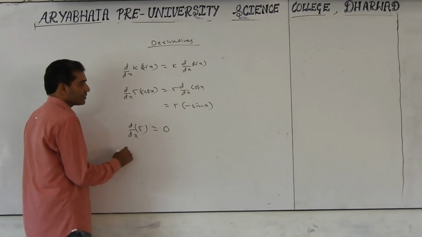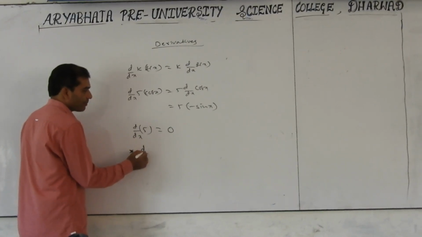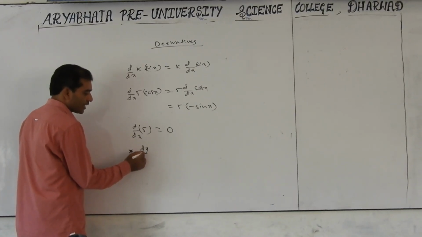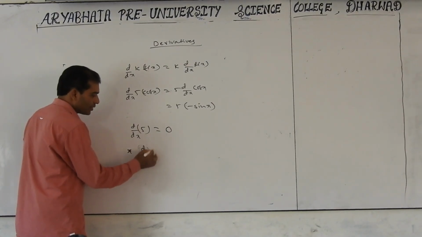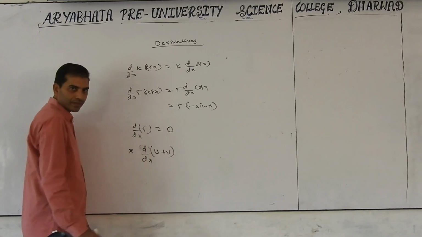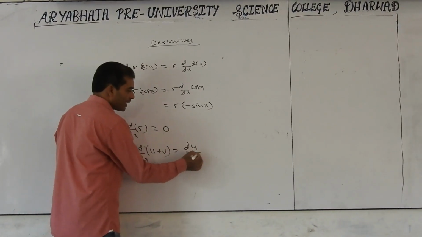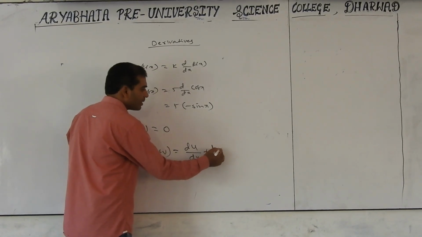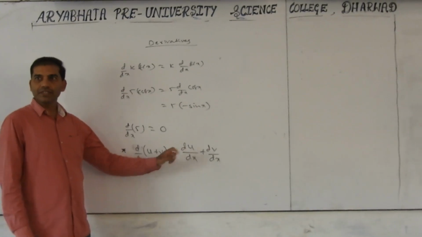Next, the properties. There are two functions. d by dx of u plus v equals du by dx plus dv by dx.